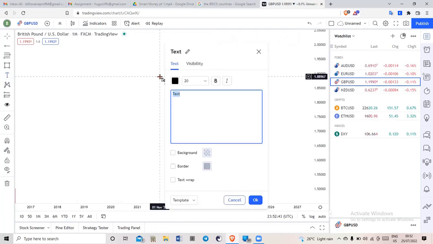So we're talking about chart patterns. Today we are discussing some chart patterns you probably know already or have heard of.